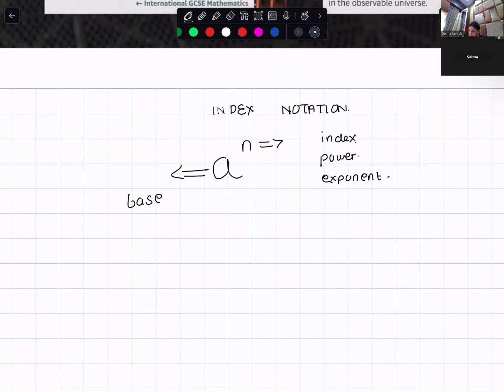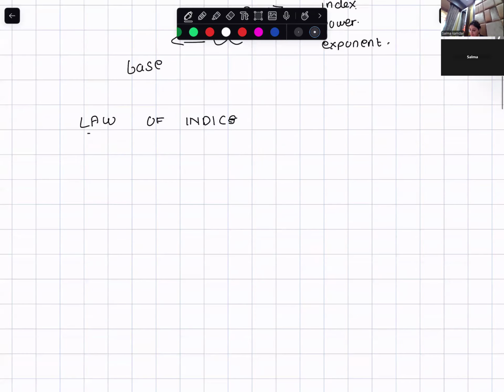Let's talk about the laws of indices. Where do we apply the laws of indices and what are they? You should know about it. The first law of indices is: if you have (ab) raised to n, it will be a raised to n and b raised to n.